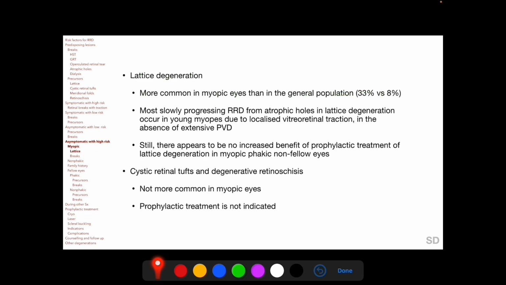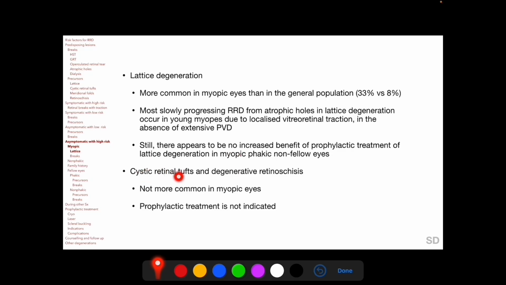As we have mentioned earlier, lattice degeneration is more common in myopic eyes than in the general population, and most slowly progressing RRD from atrophic holes in lattice degeneration occur in young myopic eyes. Still, there appears to be no increased benefit of prophylactic treatment of lattice degeneration in myopic phakic non-fellow eyes.